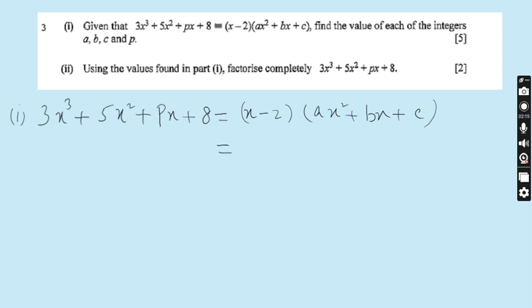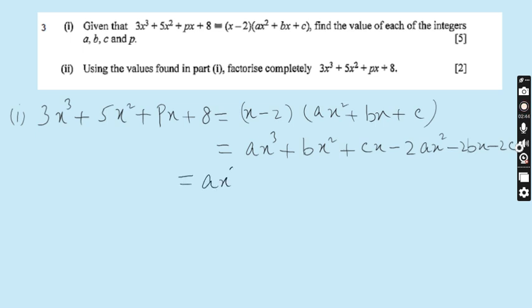Multiply x by ax square, we will get ax cube, x into bx is bx square, x into c is cx, minus 2 into ax square is minus 2ax square, minus 2 into bx is minus 2bx, minus 2 into c is minus 2c.